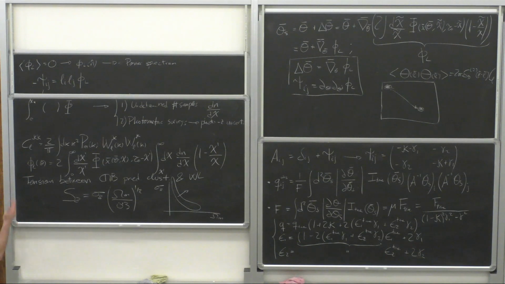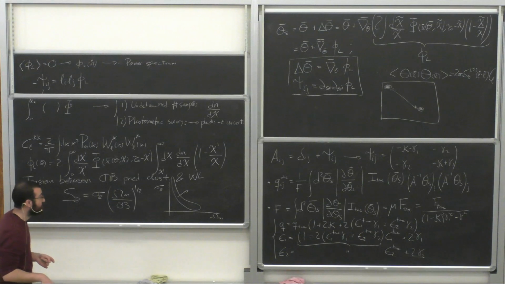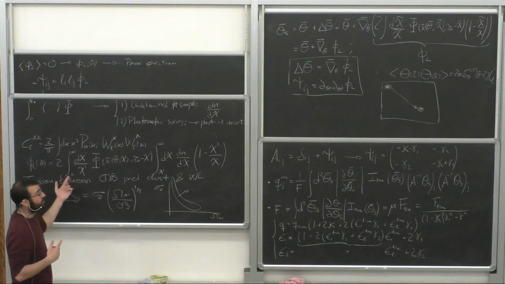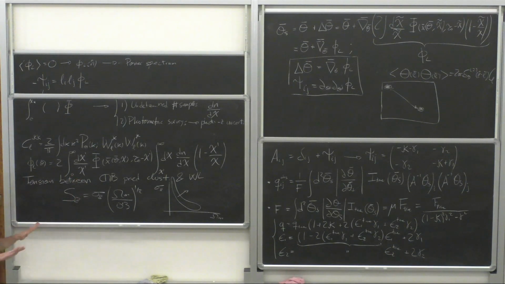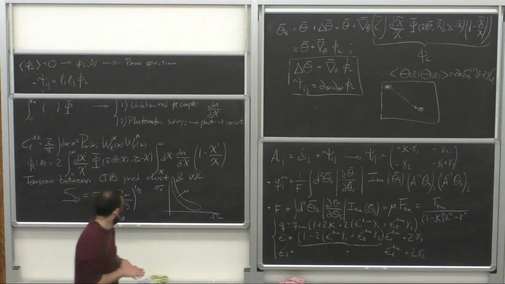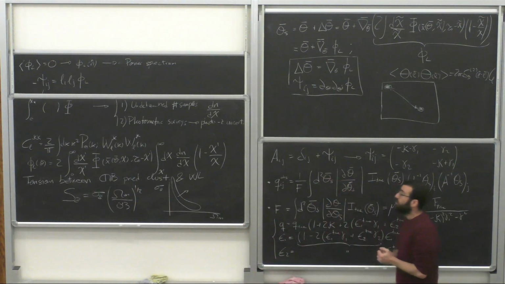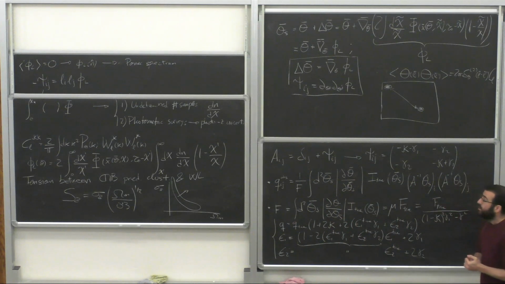And this is a way to improve individual constraints, because the sources of noise are different, the bias is different, you get some sample variance cancellation, and especially you control some of the systematics that you may have, because different maps will have different systematics, and it's very unlikely that those are correlated between them.